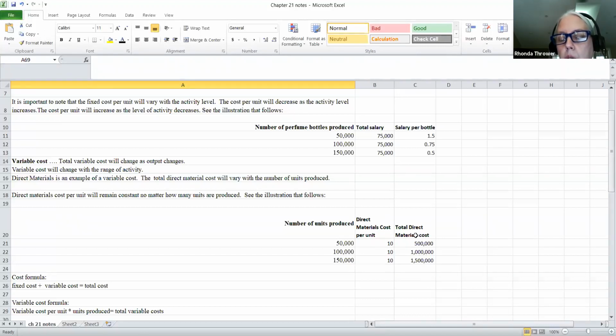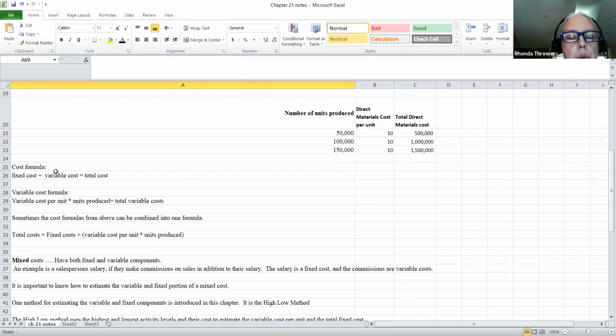So the total of the direct materials cost will change, or will vary, with the number of units produced. The total variable cost will change with the number of units produced, but the variable cost per unit will stay the same no matter how many units are produced. So again, it's important for you to understand how the behavior of cost affects the total cost.